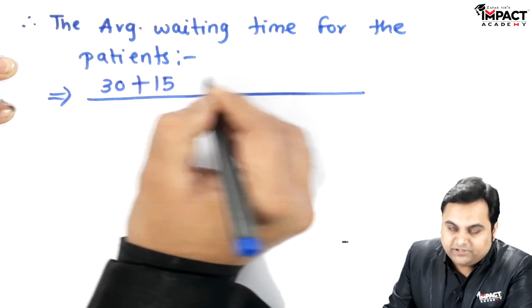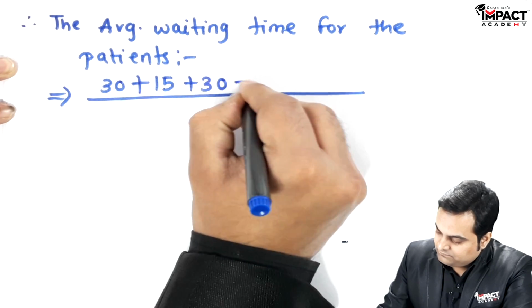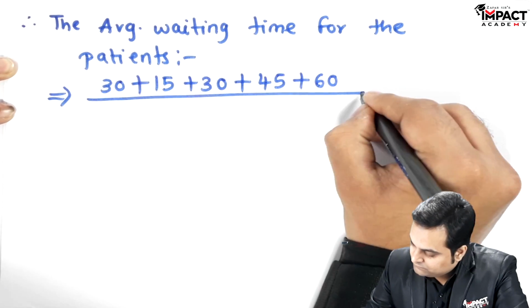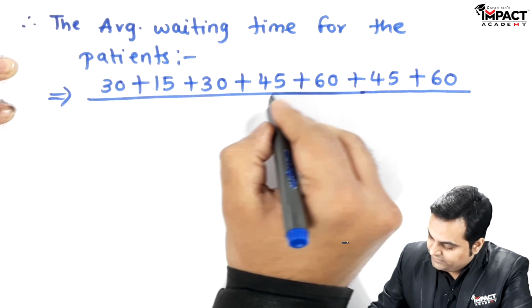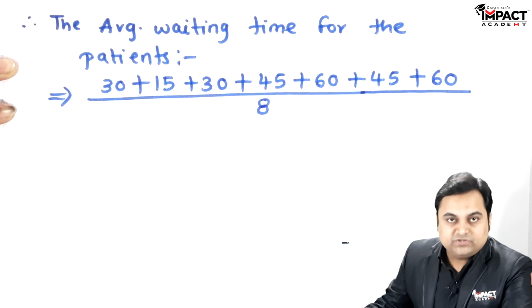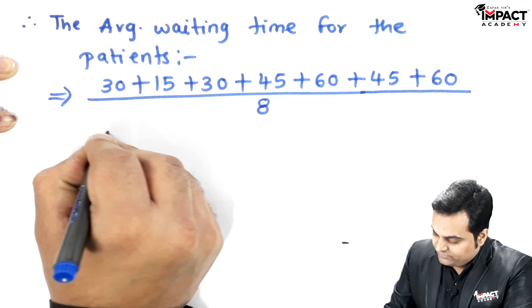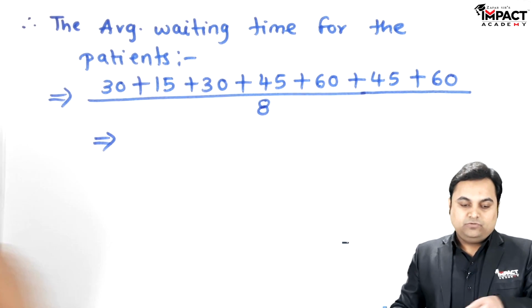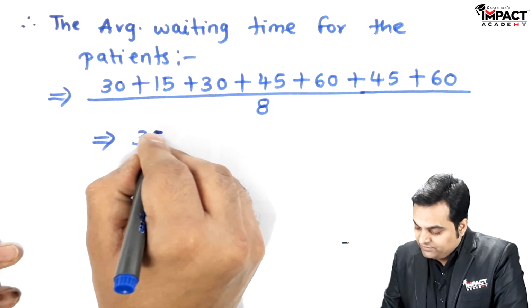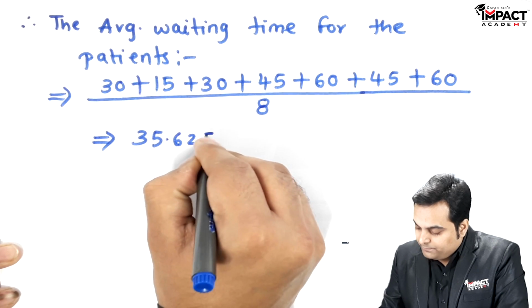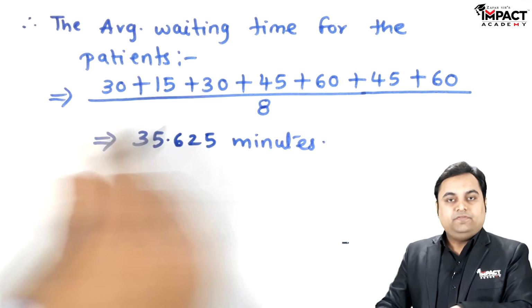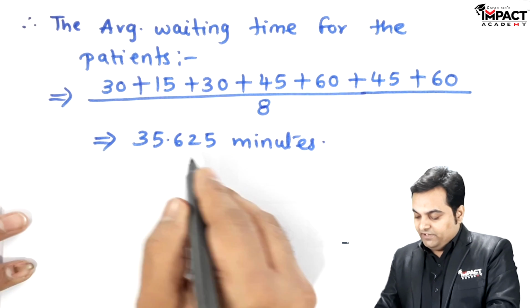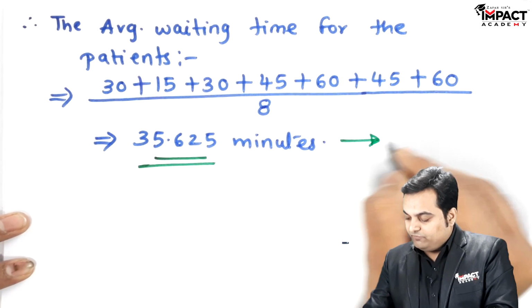Adding up all the waiting times and dividing by the total number of patients, which are 8, the average waiting time for the patients comes out to be 35.625 minutes. So on an average, a single patient would be waiting up to 35.625 minutes before being attended by the dentist.